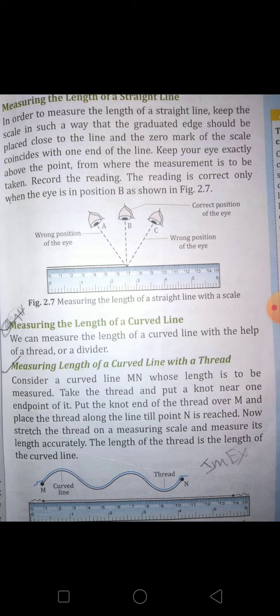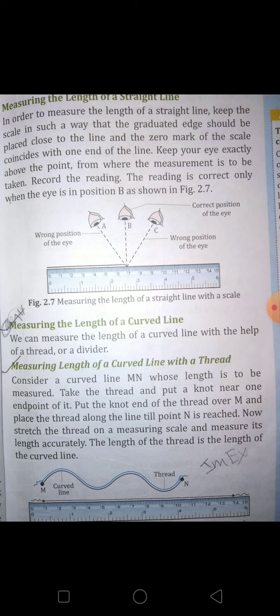Okay. This you can do at your home also. Draw a line, use your scale and take its reading. So children, it is very easy. You can write in your own words. The first step is you have to draw the line.